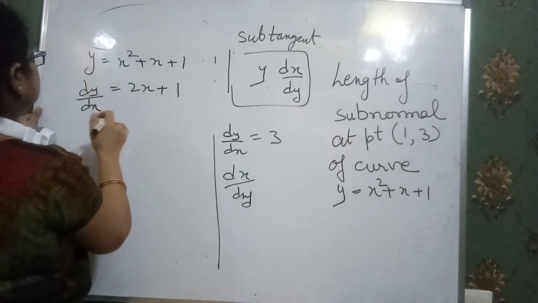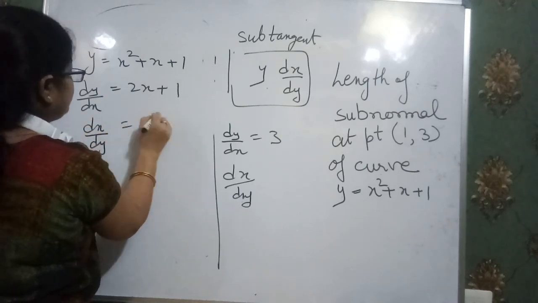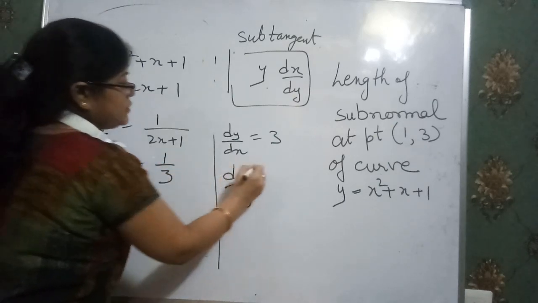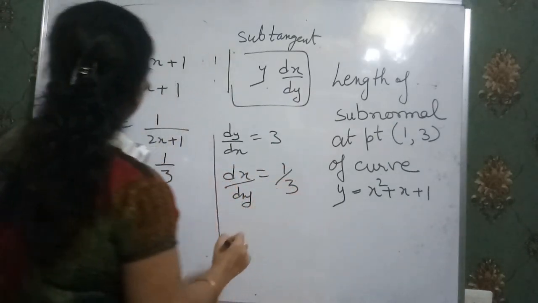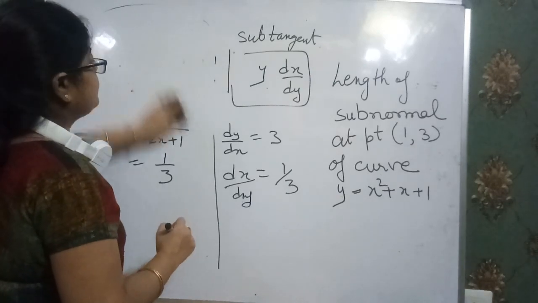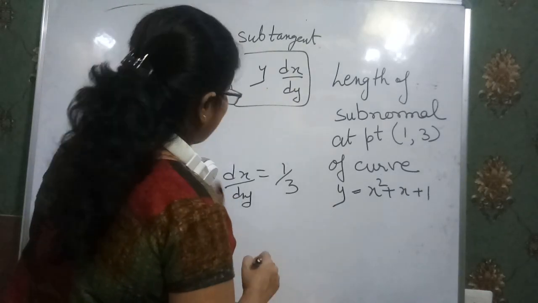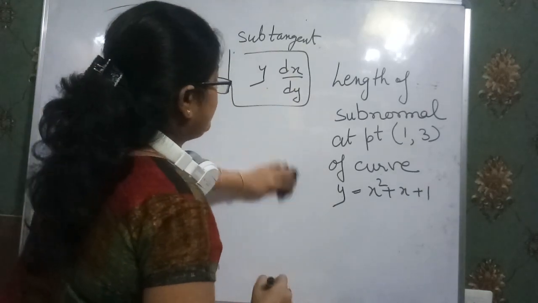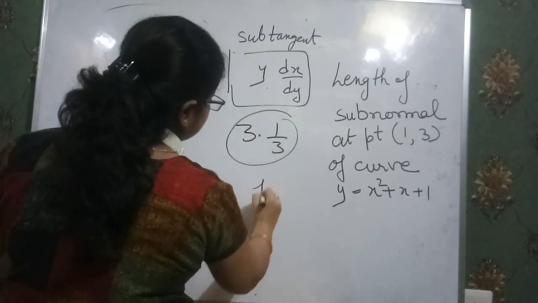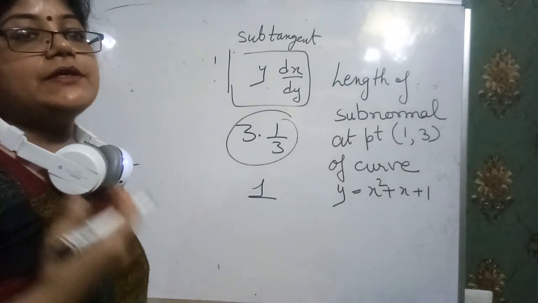So dx over dy is equal to 1 over 2x plus 1, that means 1 over 3. So here we have 1 over 3. Now for subtangent we put the values y dx over dy. So value of y is 3 and it is 1 by 3. So here our value is 1. In this way you find the two things, subtangent and subnormal.